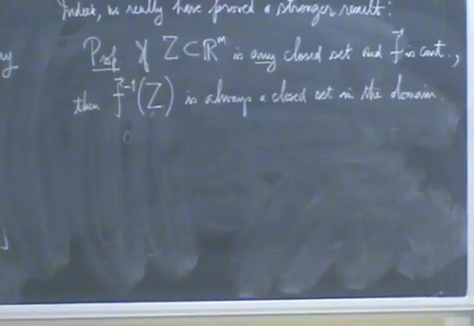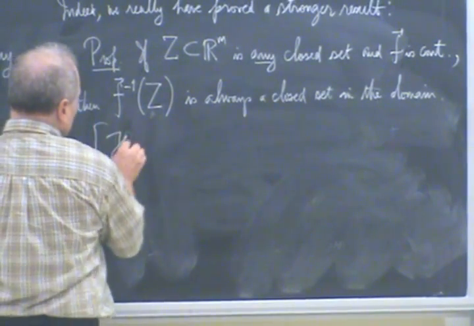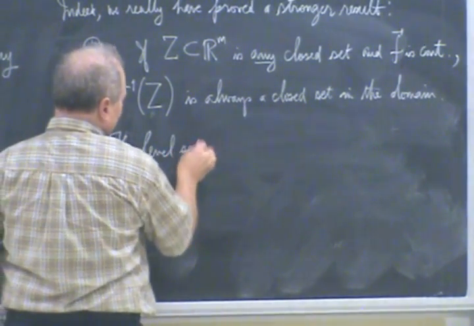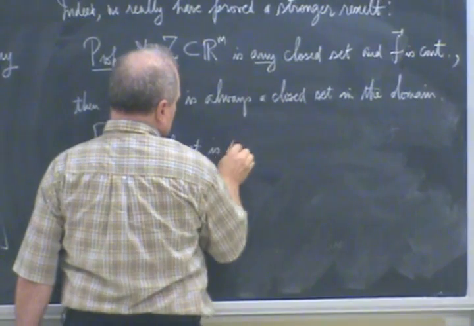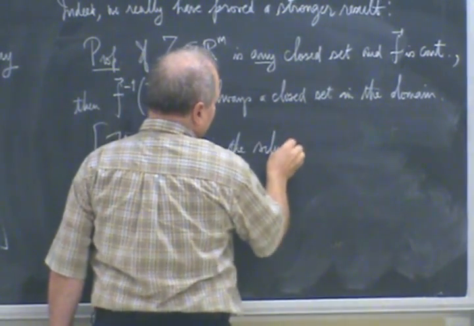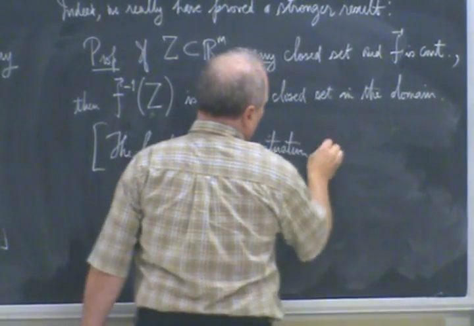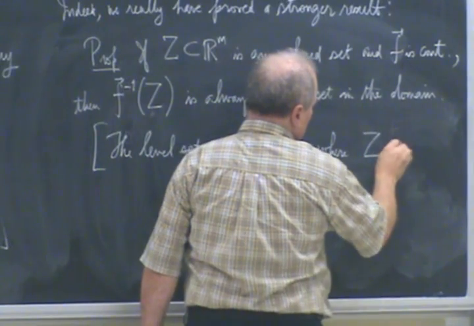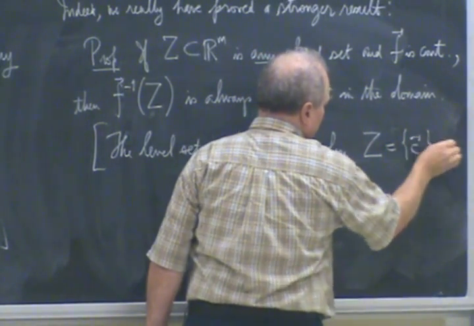So the level set is the situation where Z is just a single point.